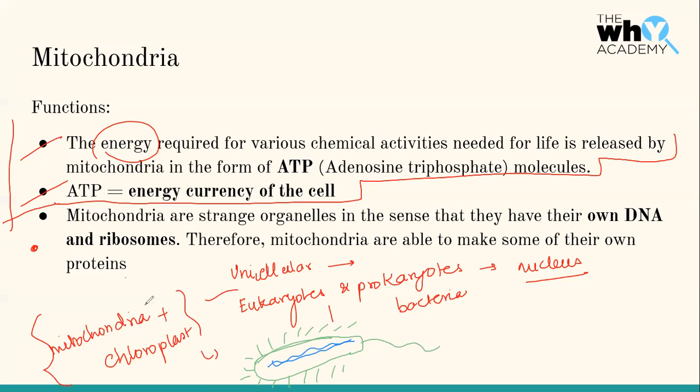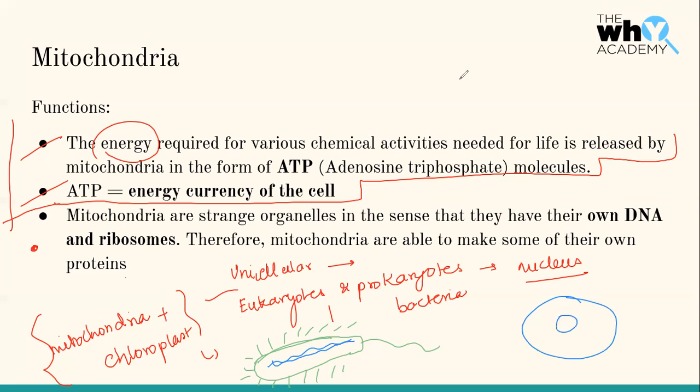Okay, so I am saying that mitochondria and chloroplast, many years ago, existed as bacteria. So this becomes interesting because they have their own DNA and their own ribosomes. Okay. So if I'm telling you the cell has a nucleus, right?